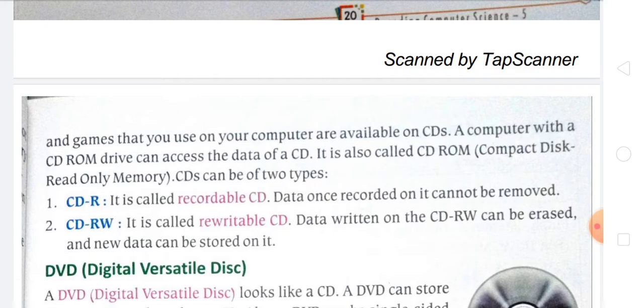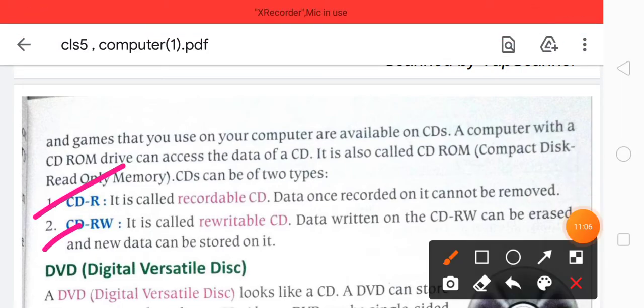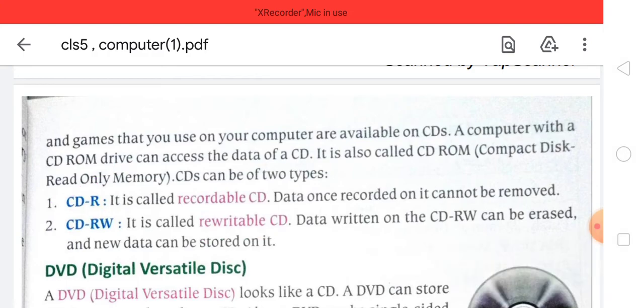A computer with a CD-ROM drive can access the data of the CD. There are two types of CDs, that is CD-R and CD-RW. CD-R is the recordable CD, and the other one is the rewritable CD.